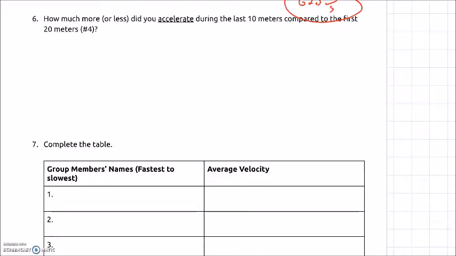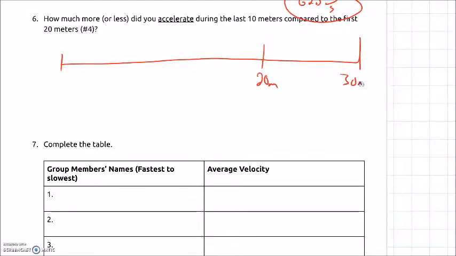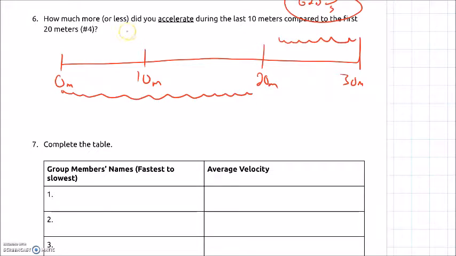So our last 10 meters, so from 20 to 30 meters, versus this portion, from 0 to 20. So we need to calculate our acceleration here and our acceleration here.